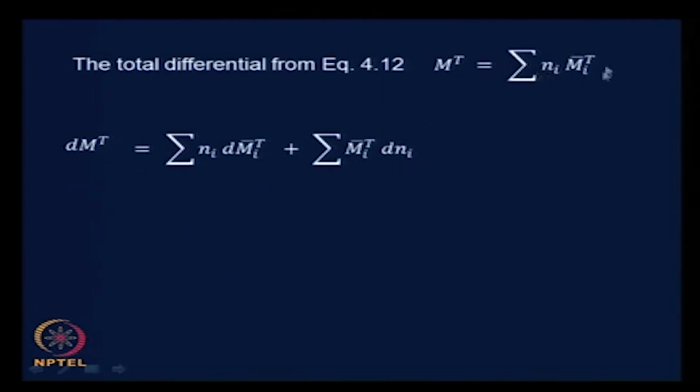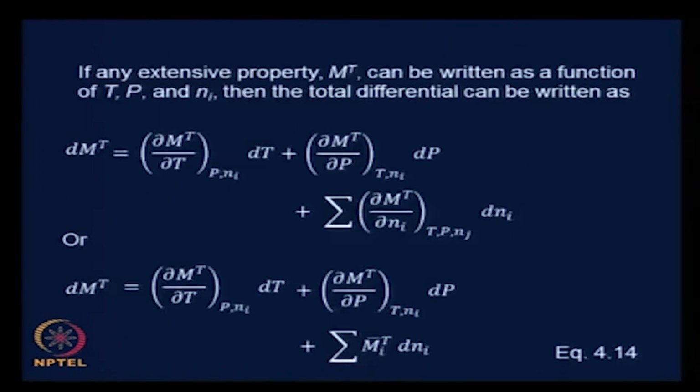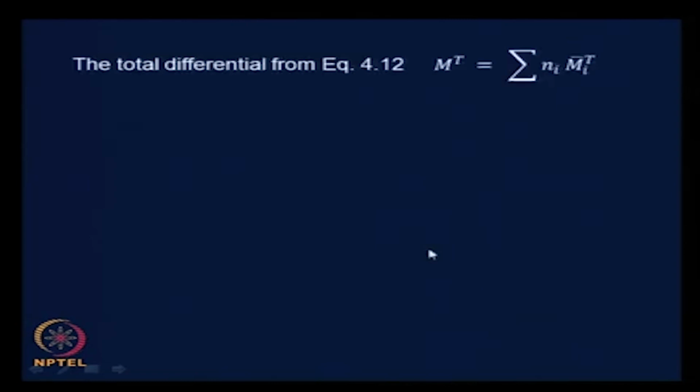This essentially comes from using the chain rule. You could do the chain rule for each of these terms and then separate the terms, group them appropriately, to sum over Ni dMi plus summation of Mi dNi, essentially chain rule application.